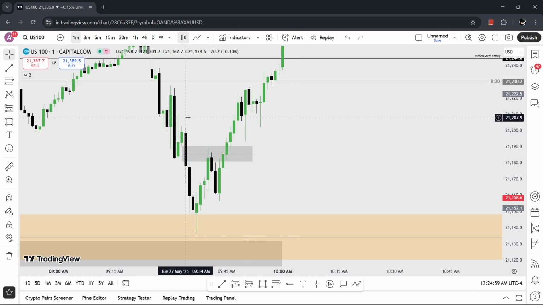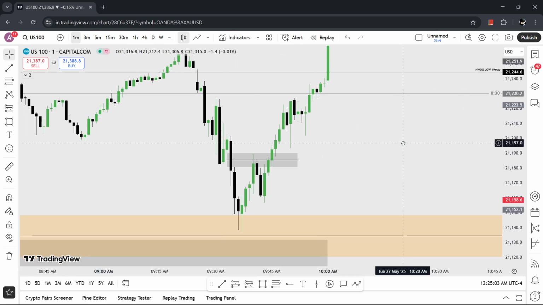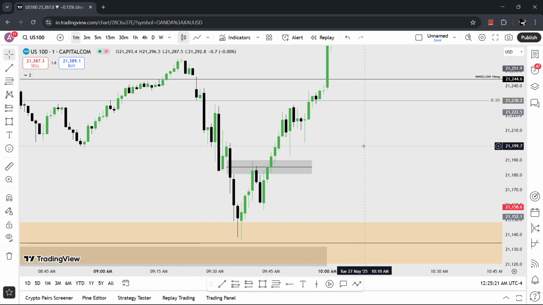Okay. 1 minute first presented fair value gap, between 933 and 935. Okay, this is the first presented fair value gap. Just extend it. Many think that it will just go up there and inverse it, but since our bias is bullish, what we have to do with this 1 minute fair value gap is that we should find entries for the upside.